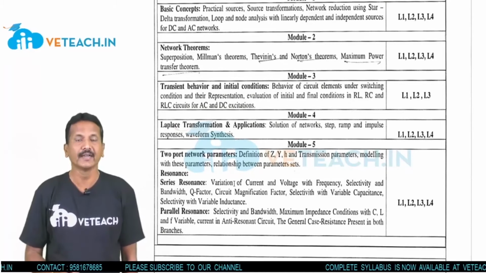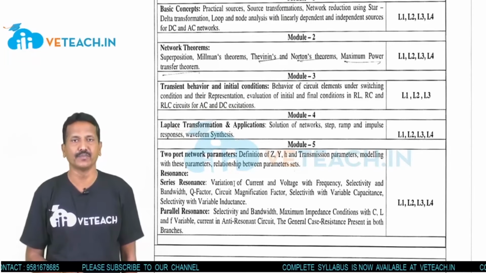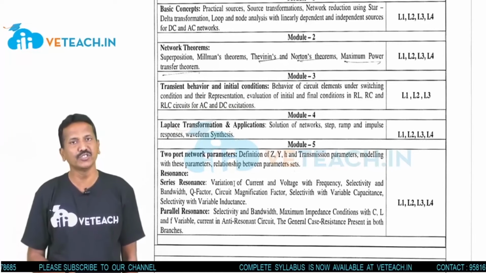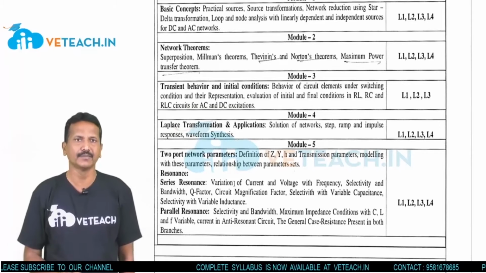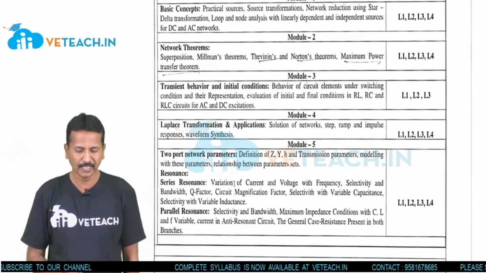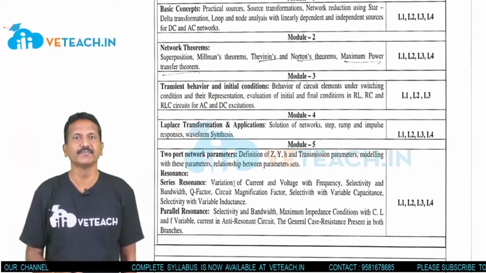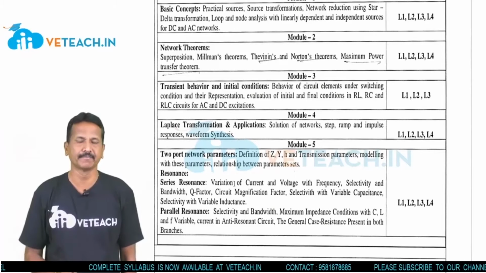And there are relations between these parameters also. They can convert, they can exchange from Z to Y, Y to Z, and Z to ABCD, and vice versa. We can have relations between parameters also. So this is the other extension of our subject, two-port networks or two-port parameters.